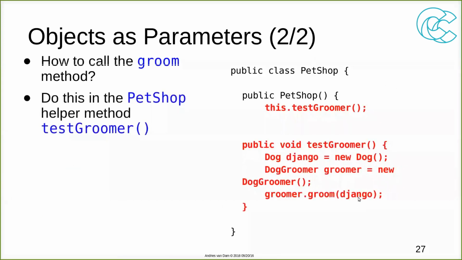Even though you pass Django, you are not passing it by reference. The reference is passed as a value in the sense that, let's say Django is stored in memory location 1001. Django is a name given to the location called 1001. So whenever you pass Django, you are passing the 1001 and not the actual content that is in 1001.